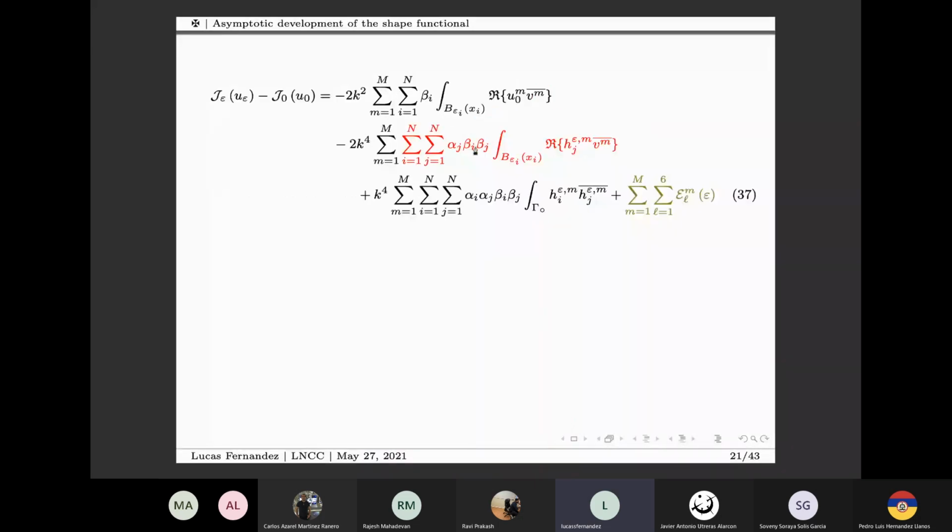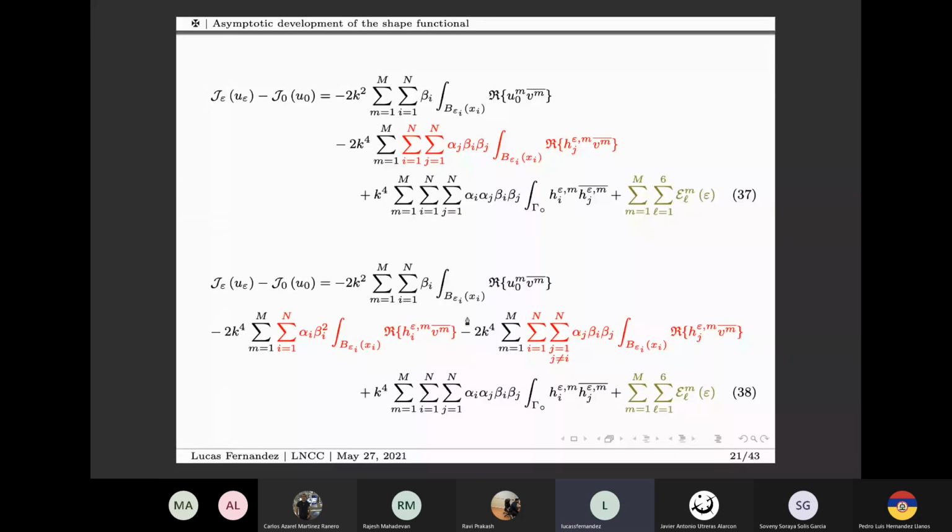Now we work on this term, highlighted in red color, and we split this double sum in the case when i is equal to j, and we obtain this term. We also consider the case when i is not equal to j, and I obtain this term here.